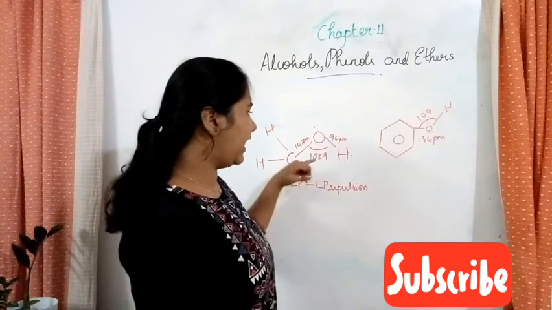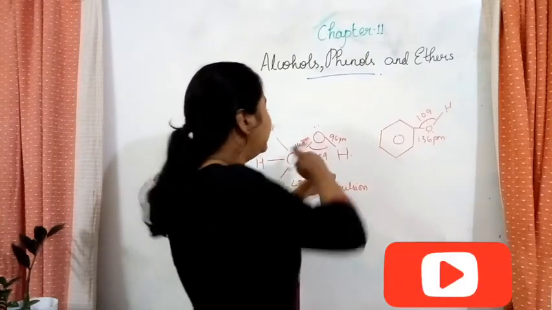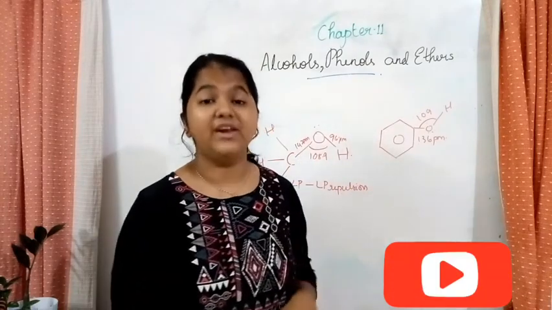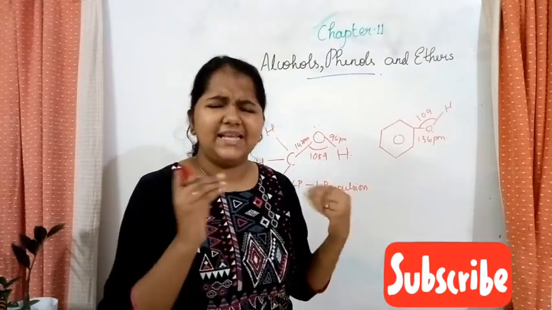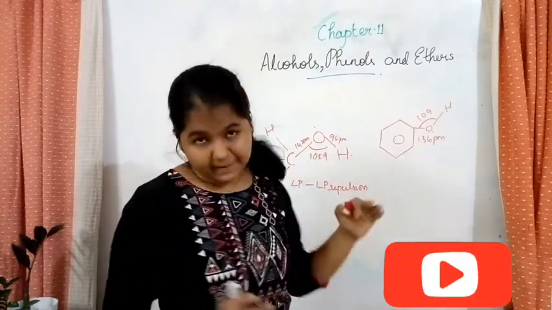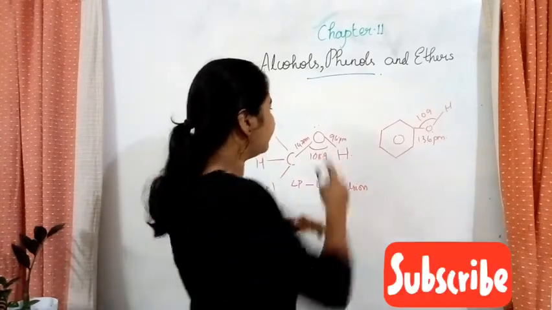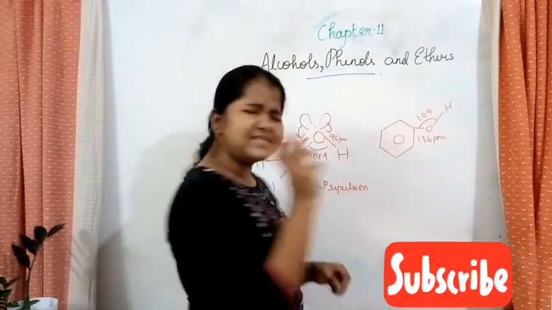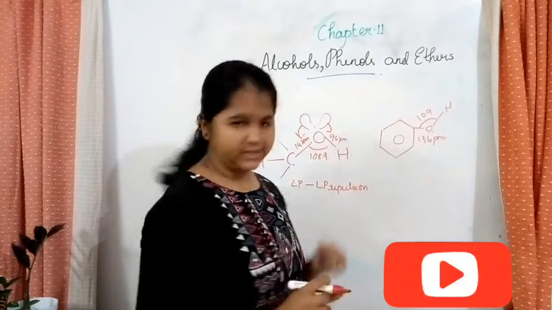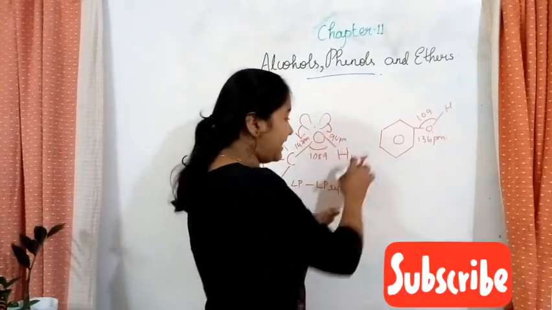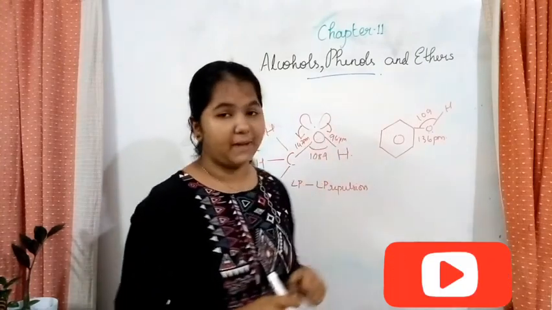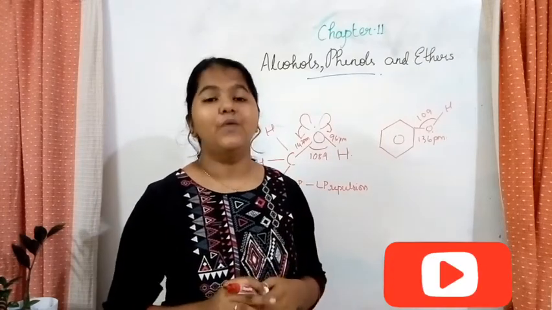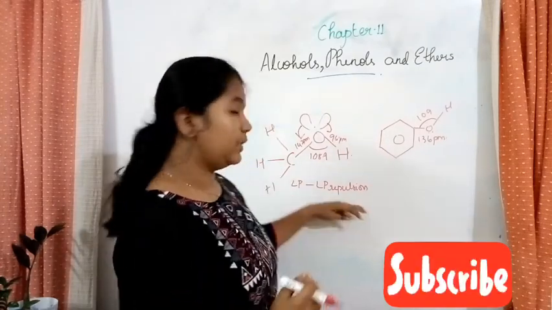This is methanol, and in our methanol, the C-O-H bond angle is 108 degrees, slightly less because of the lone pair interactions. Because there's a lone pair, it pushes the bond, and therefore there's a slight decrease in the bond angle. The bond length of hydrogen and oxygen is 96 picometer, whereas for carbon and oxygen the bond length is 142 picometer. So that is to talk about alcohols.